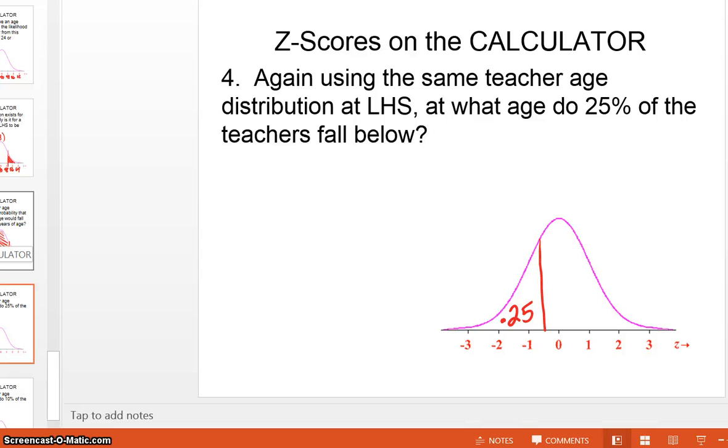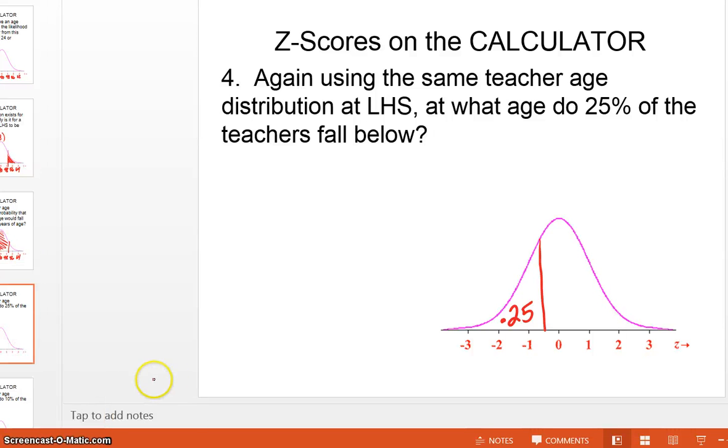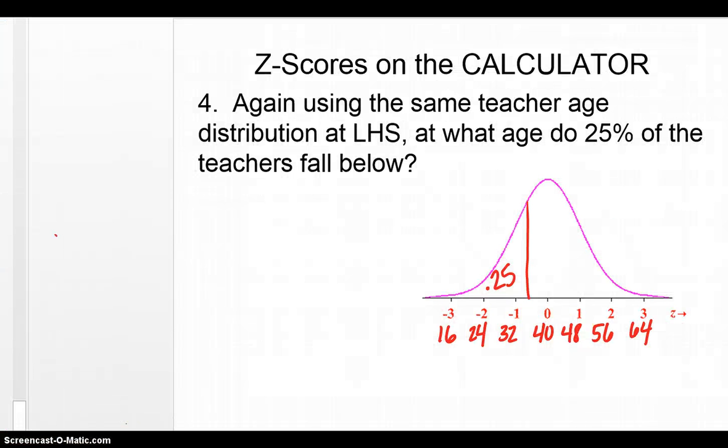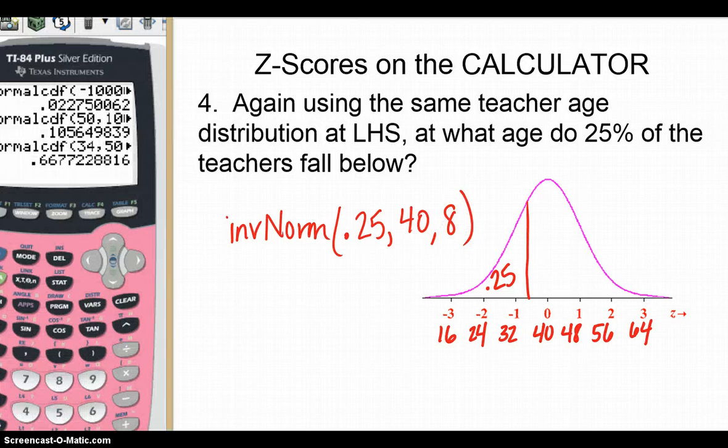So we're actually working backwards than we were doing before. We're actually going to type in the area, and then we're going to come up with the x value. So we're going to fill in again those same values across the bottom. So what we're going to use here is a function called inverse normal. We're going to undo the normal. We're going to put in the area so it can output the x value. So we're going to inverse normal the area to the left, which is 0.25, comma mean, comma standard deviation, and that will actually give us now the x value.